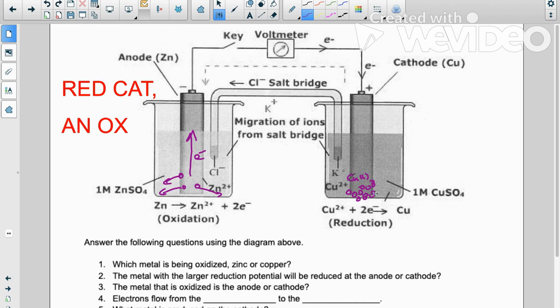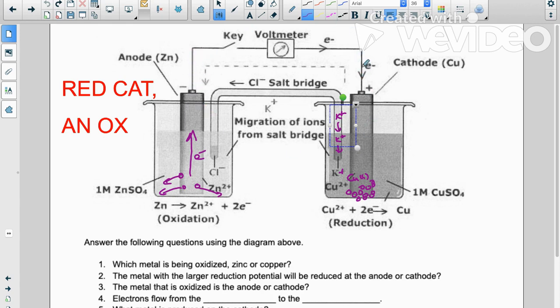So to make charge balance so that the electrons continue to flow, positive potassium ions, K plus, come down the salt bridge and neutralize the electrical charge, right? They make the charge neutral again so that electrons can continue to flow from the anode to the cathode.